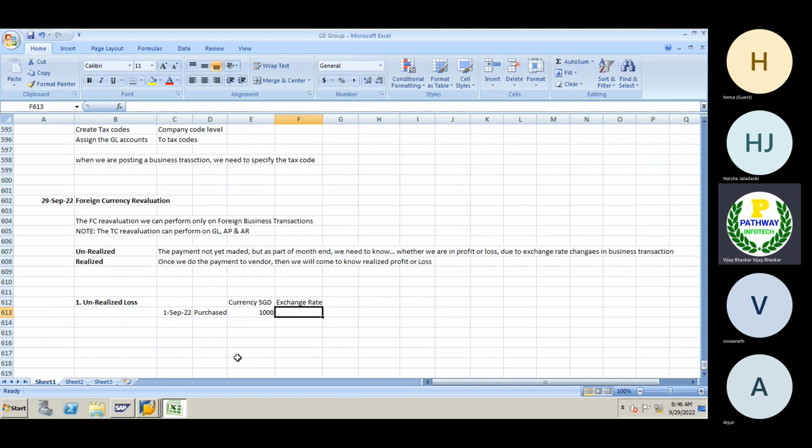The exchange rate was 58 rupees, meaning 1 Singapore dollar is equal to 58 Indian rupees. If I convert this into INR, 1,000 into 58 is 58,000 rupees, which I have to pay to the vendor, because I have done the purchases.